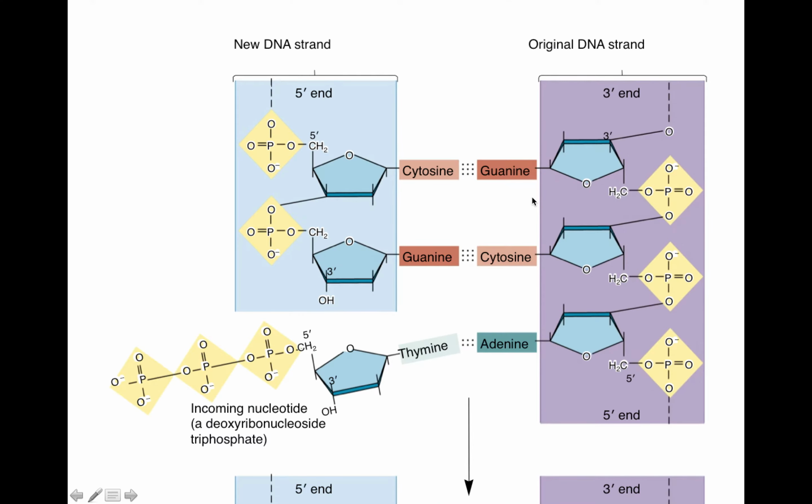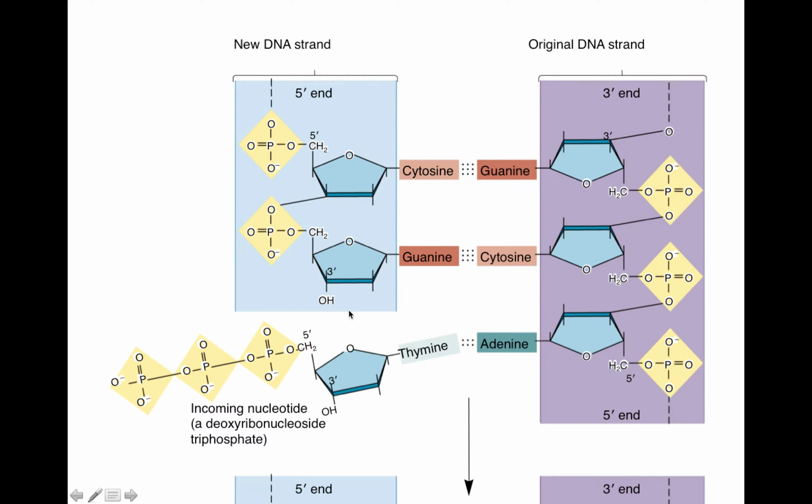Okay, this is the nitty-gritty of the actual DNA synthesis reaction. I'm going to tell you something very important about all DNA polymerases. All DNA polymerases can only extend a hydrogen-bonded nucleotide with a free 3' hydroxyl. I'm going to say that again.